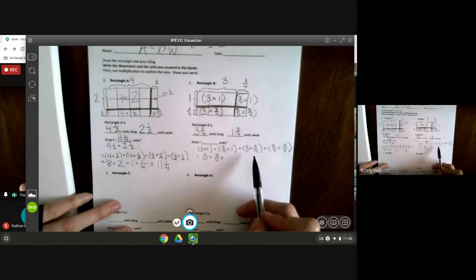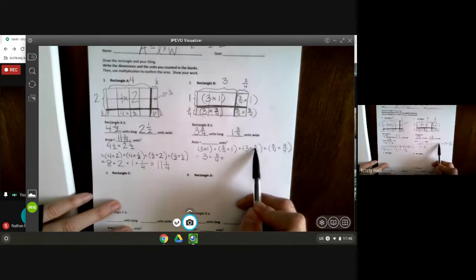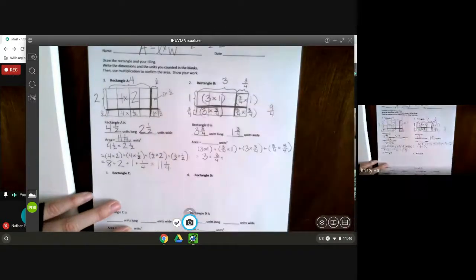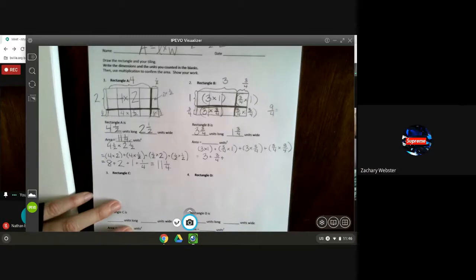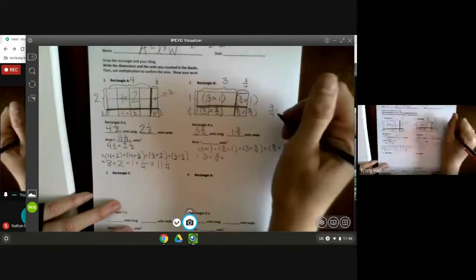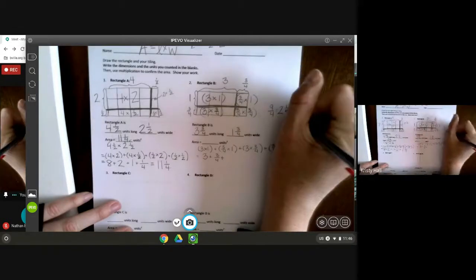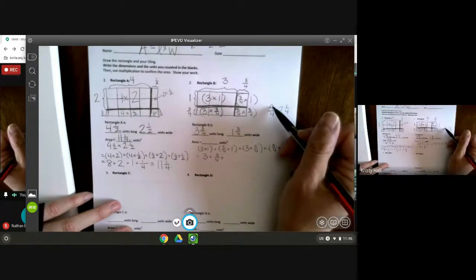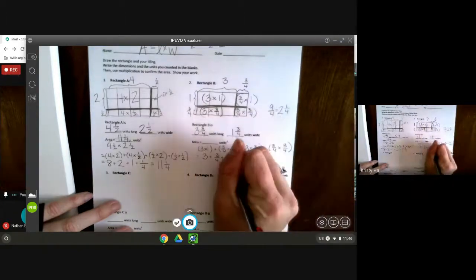So that would be 9 over 4. 9 over 4. That's an improper fraction. So what would 9/4 be equal to? 2 1/4. Great job. Because 4 goes into 9 2 times. That's 8. 9 minus 8 is 1. So 2 1/4.